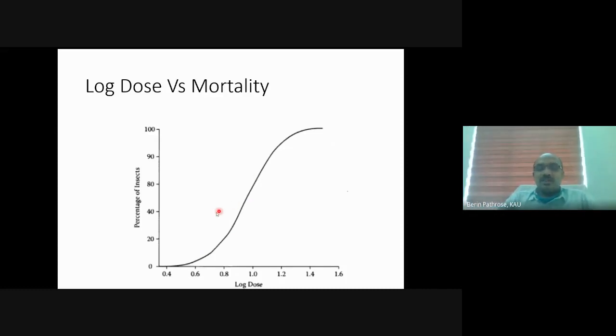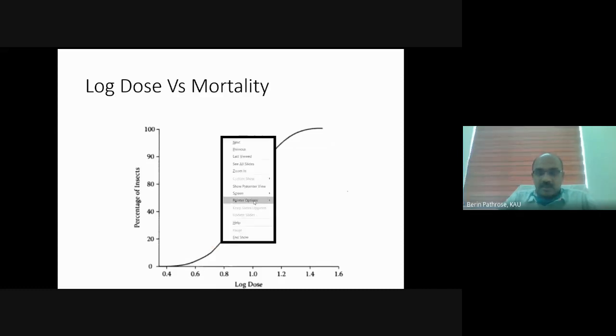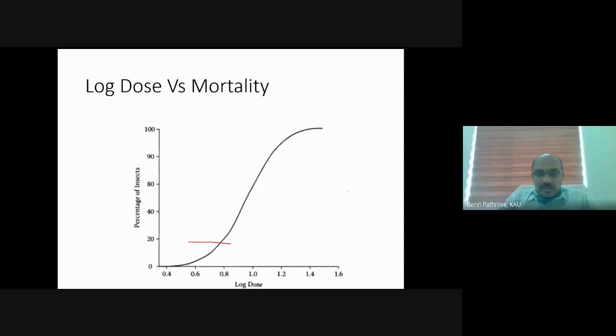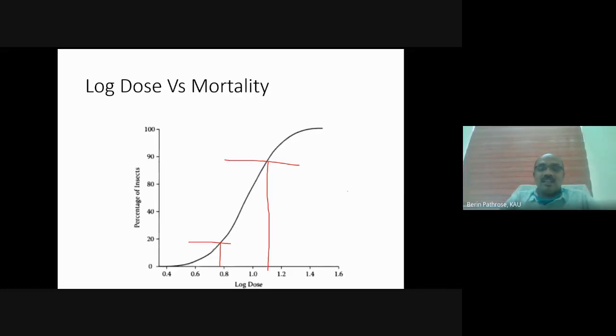Here, one thing you can see, from over here, this is 20 and this is somewhere around 90. In this region of the graph, the change in concentration on the x-axis varies roughly from 0.8 to 1.1, and within this dose range the change in mortality is extremely sharp.